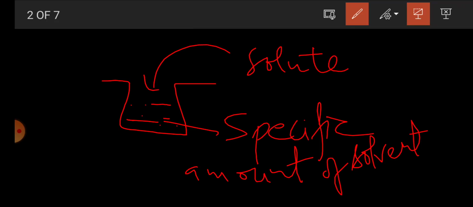This is called solubility. How much solute you add in a specific amount of the solvent is called solubility.